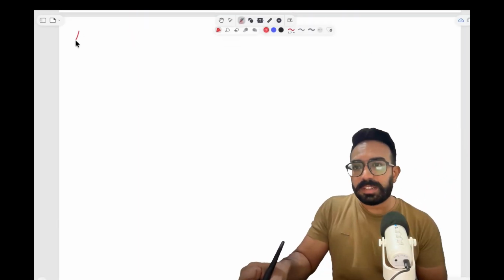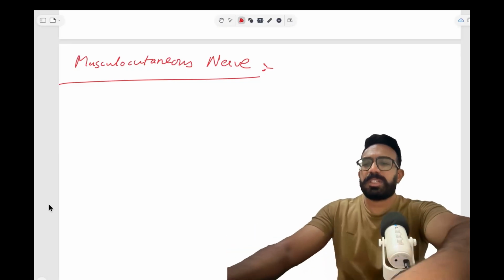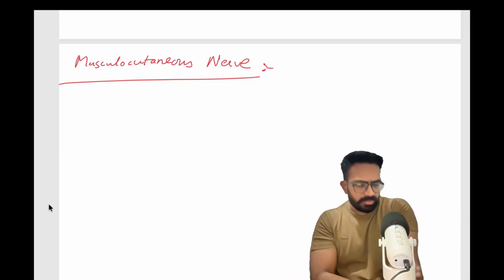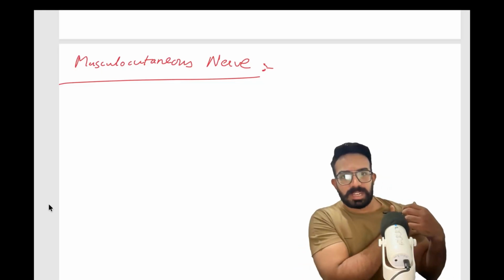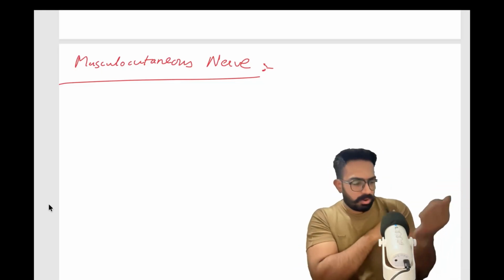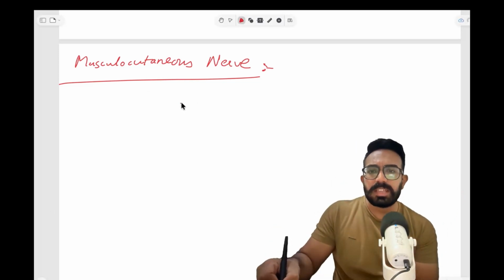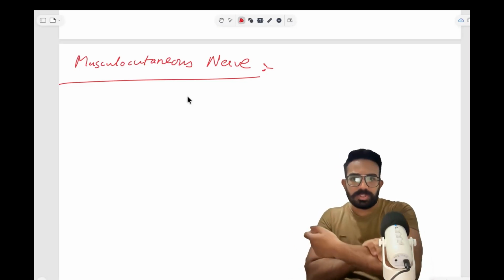Now we will discuss the musculocutaneous nerve. You need to remember it as the main nerve of the arm. It comes from the brachial plexus, travels down to the forearm, and supplies the major muscles of the arm and the flexors of the forearm.